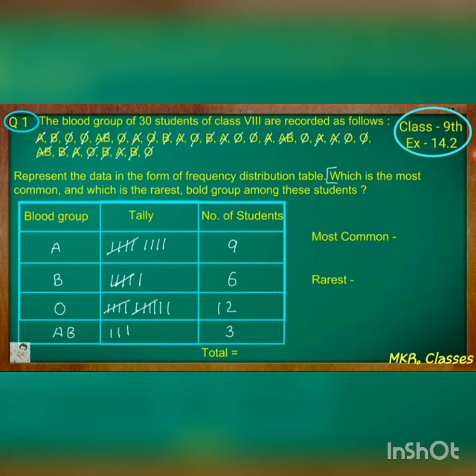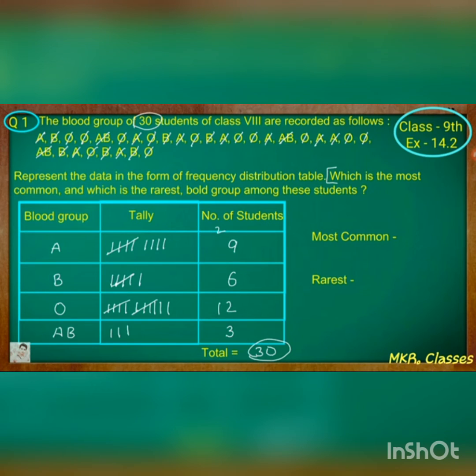Now we have to count the total number of students and it should come to 30, and with this we will know that what we have done is correct. 12 plus 3 is 15 and 9 plus 6 is also 15, 15 plus 15 is 30. So 30 is our answer.